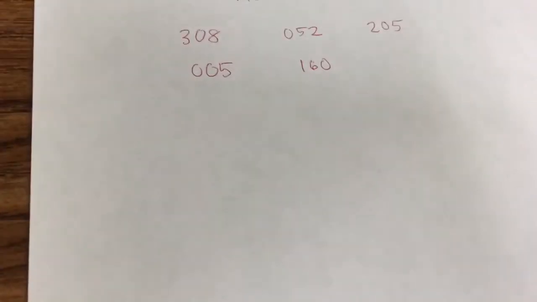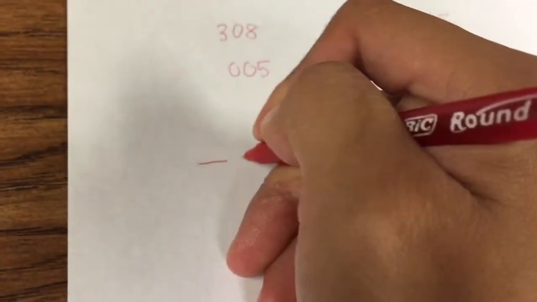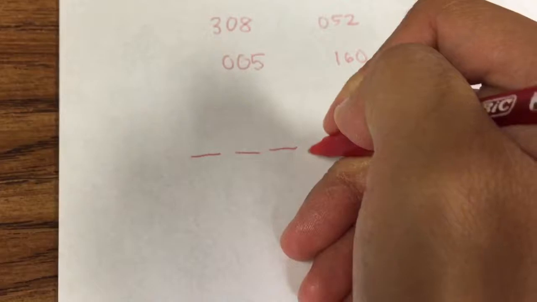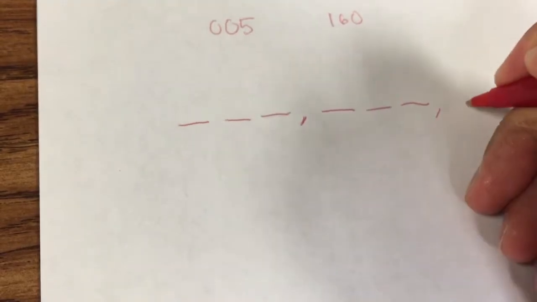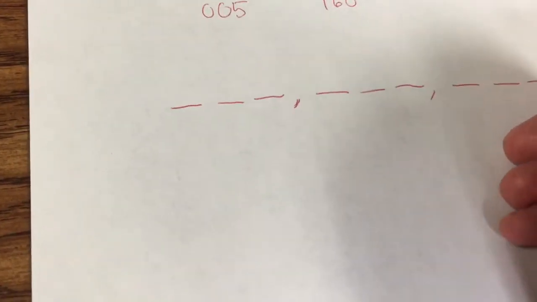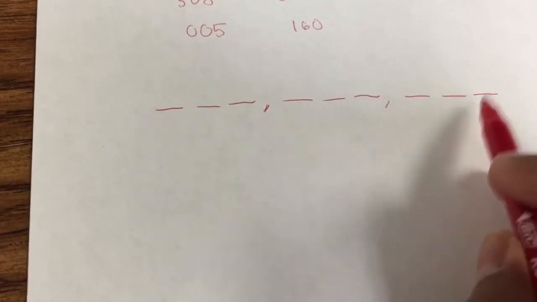Now we're going to be jumping straight into what we'll be seeing more in 5th grade, which is 1, 2, 3, very similar to before, separated by a comma, 1, 2, 3 place values, separated by another comma, 1, 2, 3. These commas are after every 3 numbers, starting from the right.